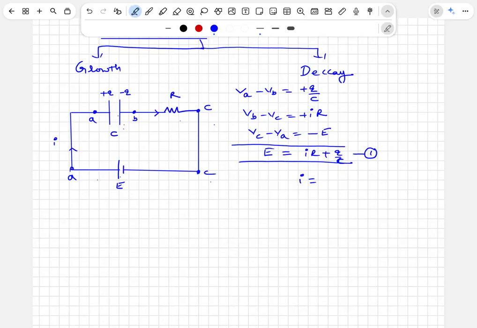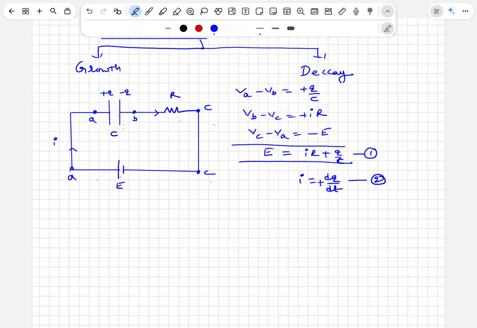Current is defined in this case as dq by dt. Remember, I have used the plus symbol here because charge is growing. The positive sign indicates that the charge on the plate is increasing.